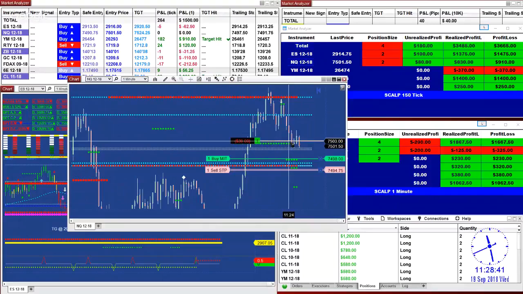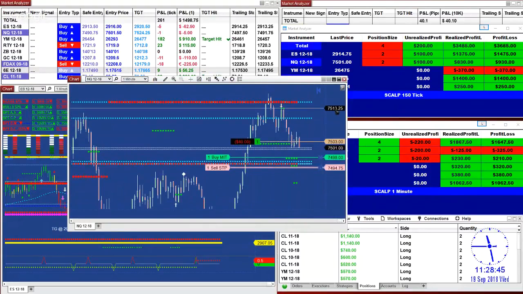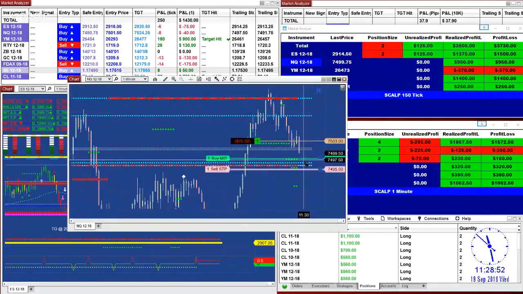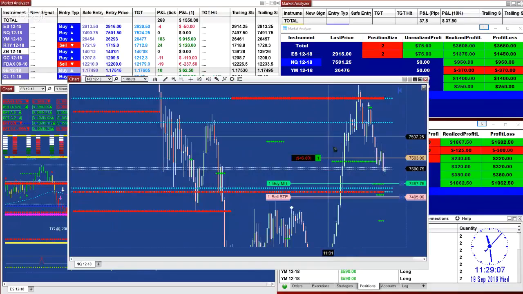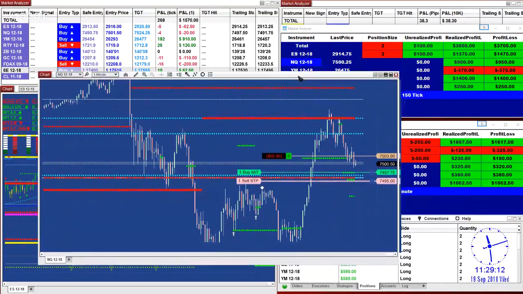If the first contract did take off, we are okay with that. If the market is gonna go against us, then at least, look, we can average the price on those two. So this is for the guys who have more than one contract.